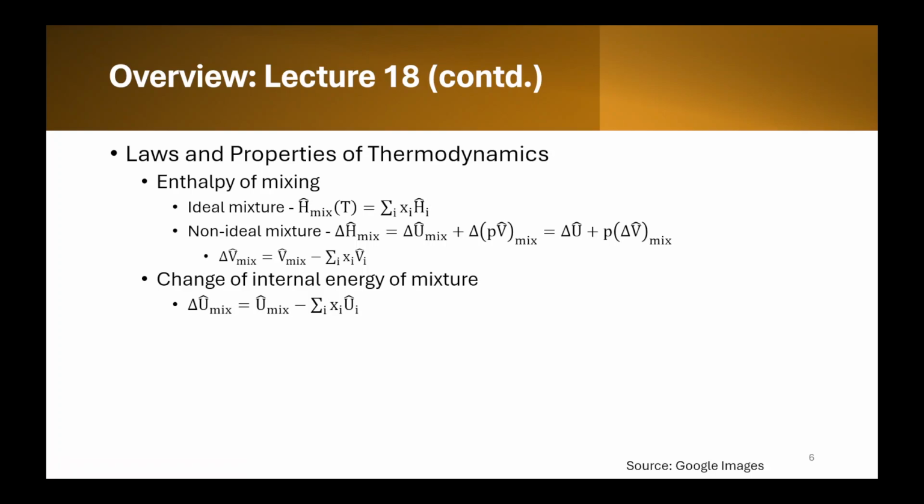Further, in lecture 18, we discussed the enthalpy of mixing. For ideal mixtures or ideal solutions, as we discussed in the previous lecture, the particles don't interact with one another.